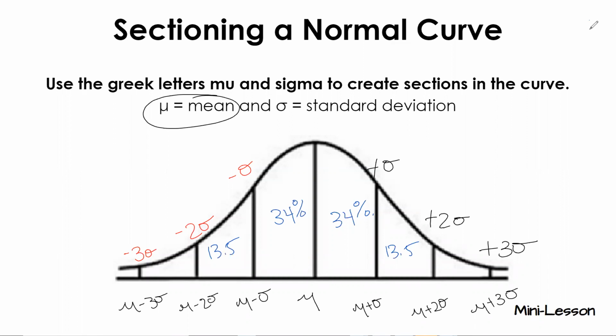On the next section, we're going to have 2.35%. And notice how I'm writing it on both sides, so on one side and then the other. And then the last little blip right here is going to be 0.15.